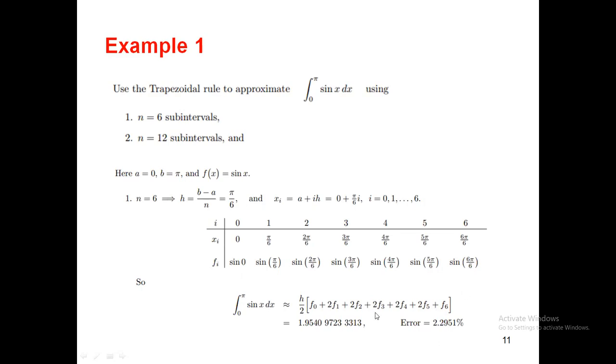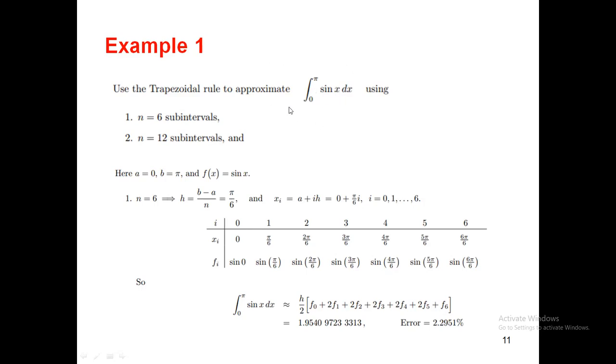Now, the error, as discussed with you, is the absolute difference. Absolute meaning the sign is not important. It's the absolute difference of the value that you have in your approximation minus the value of the integral when processed using your calculator, where you did not use any approximation technique.